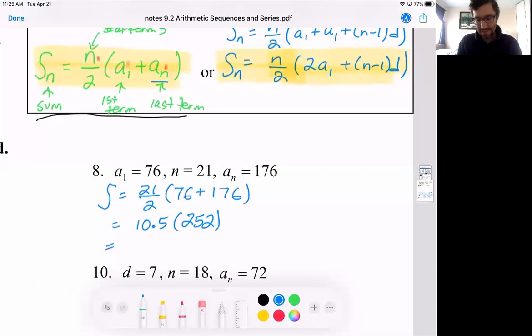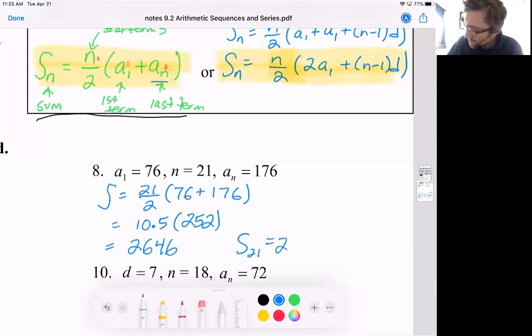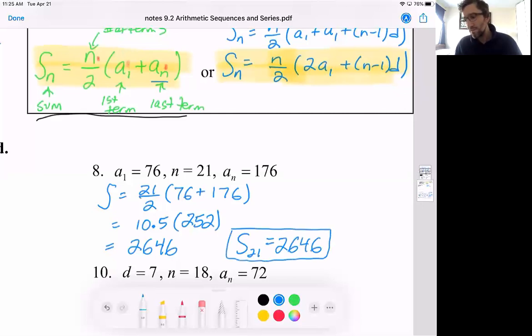Multiply that by 10.5 and we get 2646. So the sum of these 21 terms is 2646. The work that you should be familiar with, you should be able to do this part, show the setup, and then you can jump right to the answer. You don't have to show all that intermediate work.